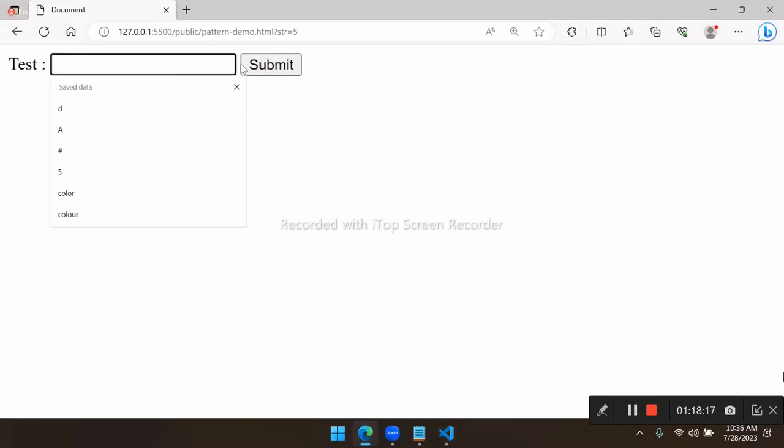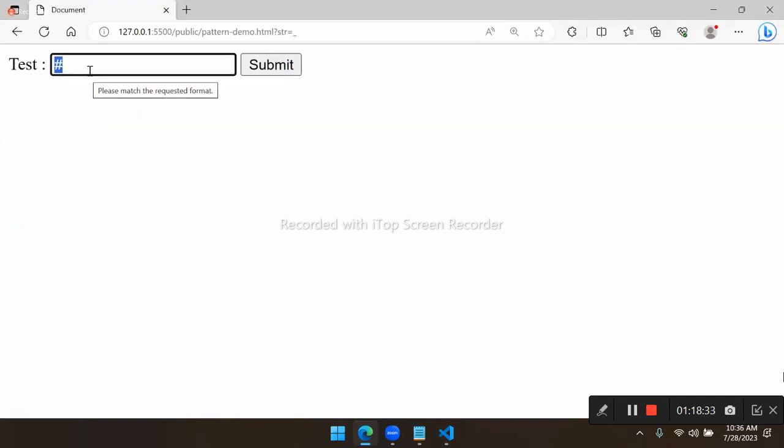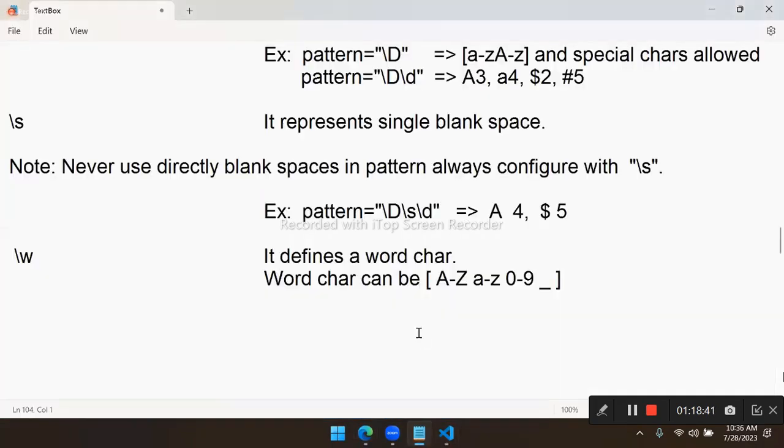I entered an underscore, that is also allowed. I entered something else, not allowed. That means any other symbol is not allowed. Only alphabets, numbers, underscore are allowed. Alphabet means uppercase, lowercase, anything. This is how we can configure \w.